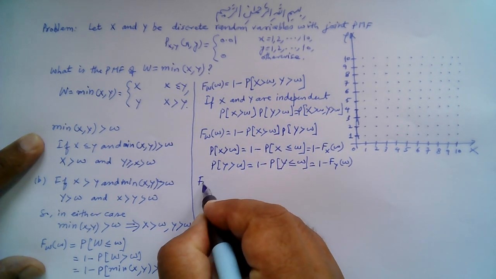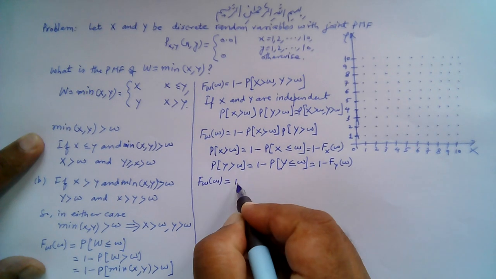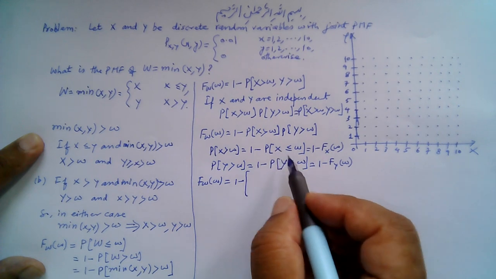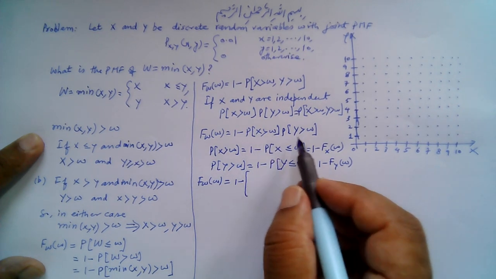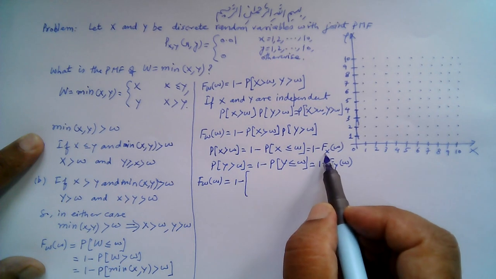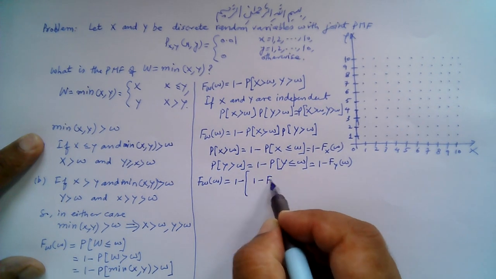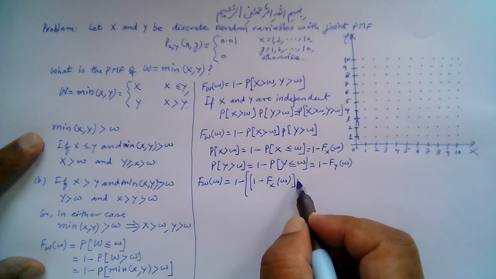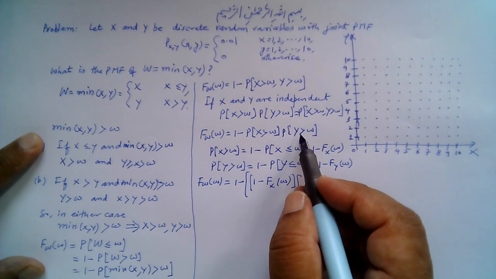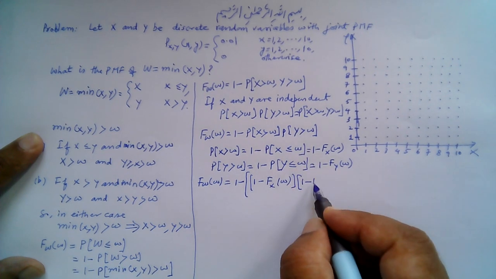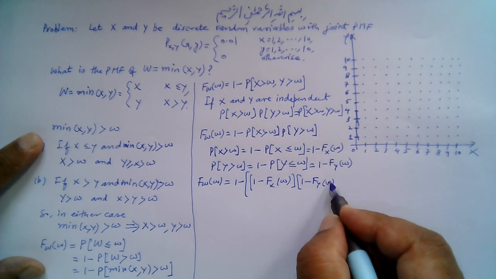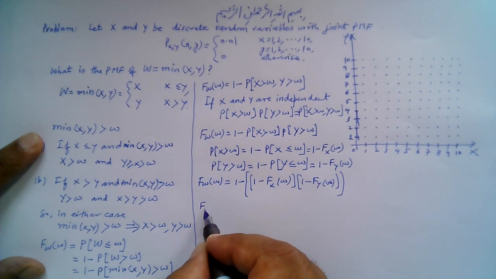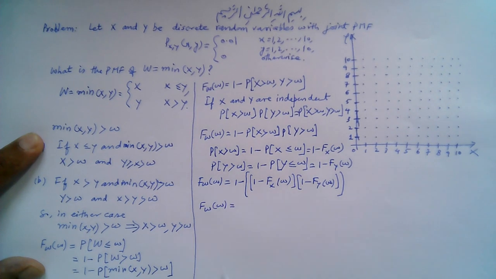So Fw of W is given by 1 minus, big bracket here, 1 minus Fx evaluated at W, and then 1 minus Fy evaluated at W. So we are left with simple multiplication now.